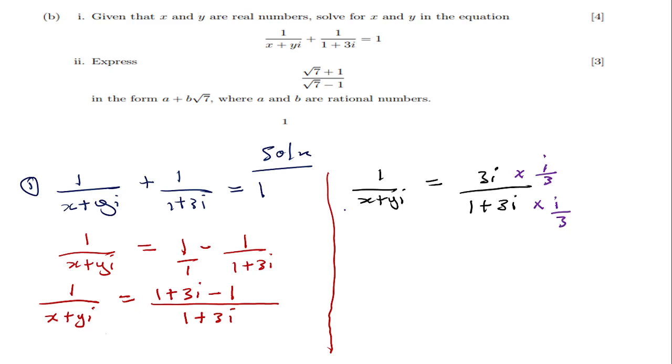That's how easily I can find a 1 on top. Once I do that, I also need to understand that when I multiply i times i, it's going to give me -1. I times i is -1.